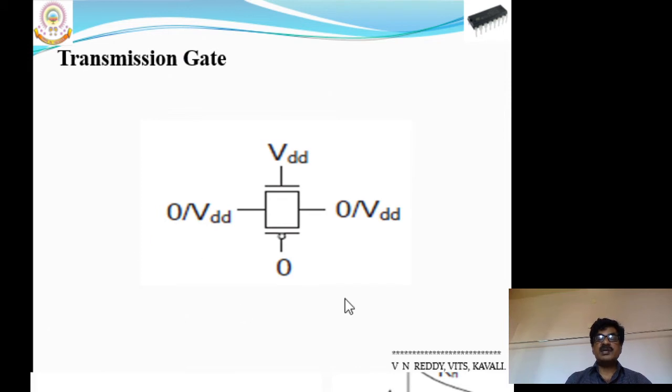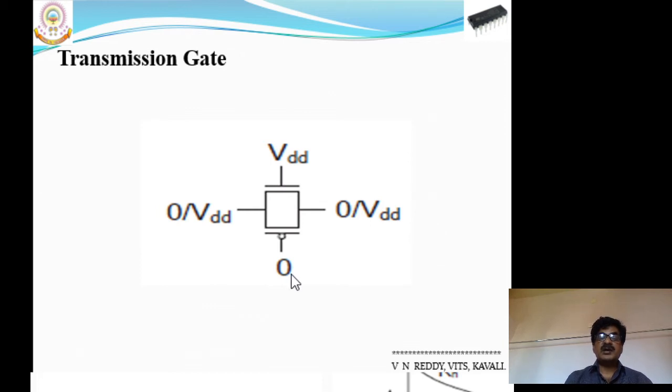So here simply the operation is: when the gate of the Nmos transistor is VDD and the Pmos transistor is 0, what happens? Both Pmos and Nmos are in on state.